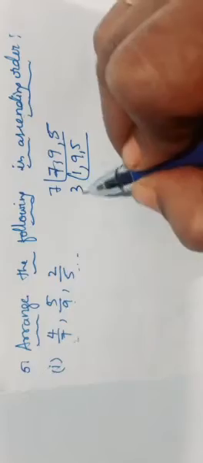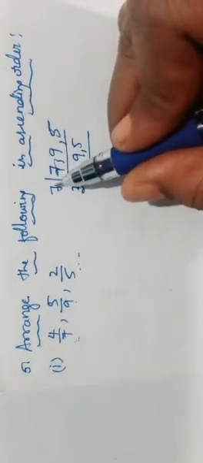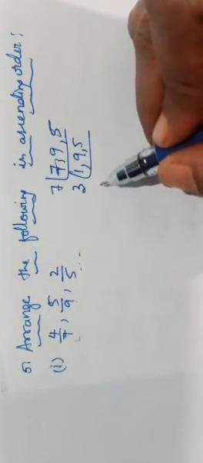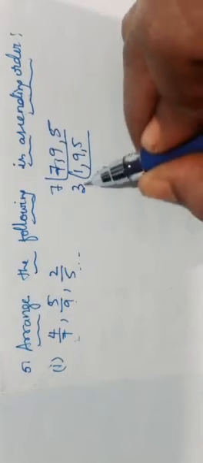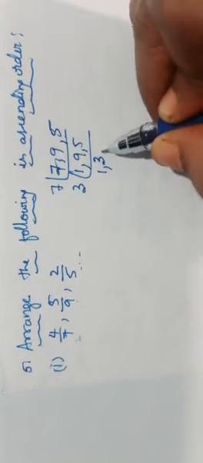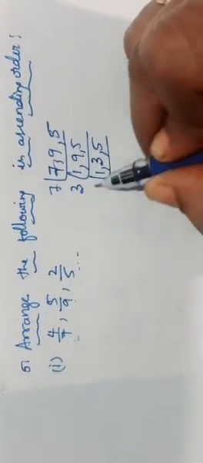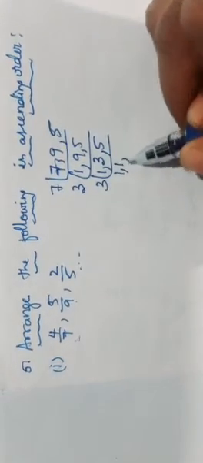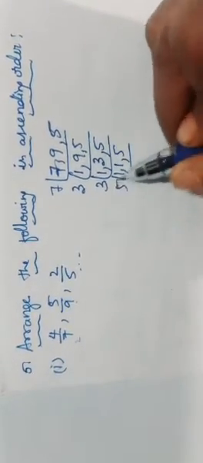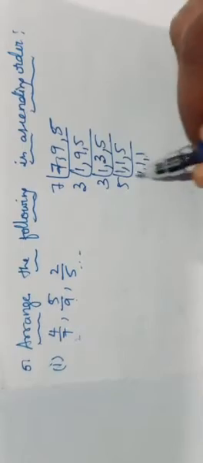First I'll take 7, 1s are 7, 9 as it is and 5 as it is. Next we have to divide only with the prime numbers. 3 3s are 9, 5 as it is. Again 3 1s are 3, 5 as it is. Lastly I take 5 1s are 5.